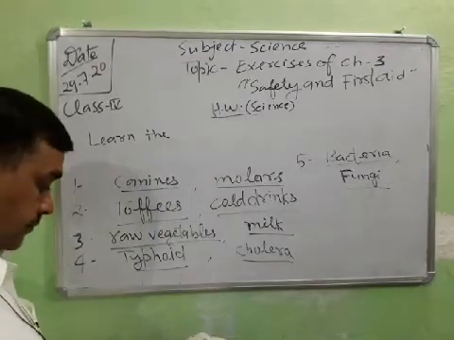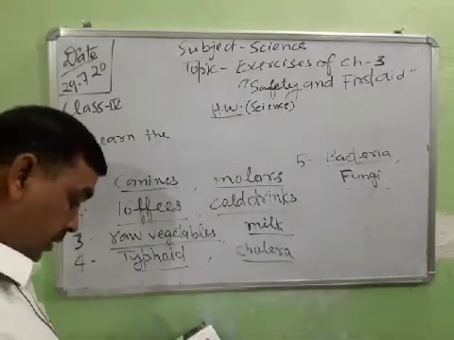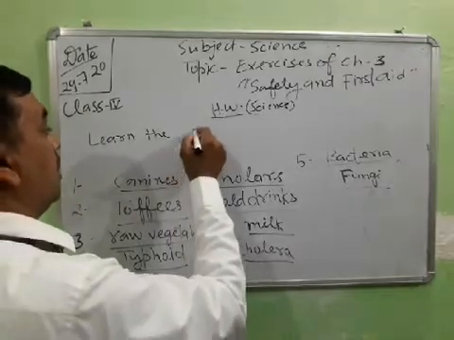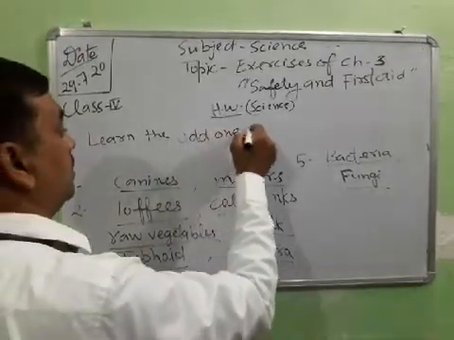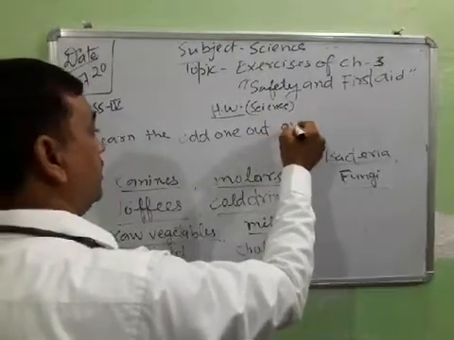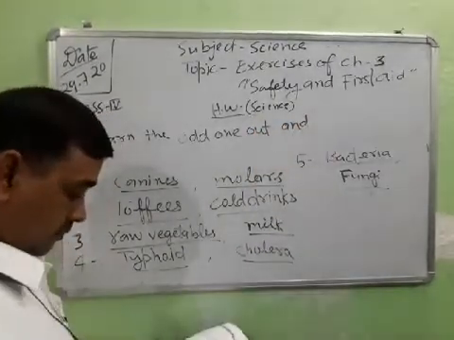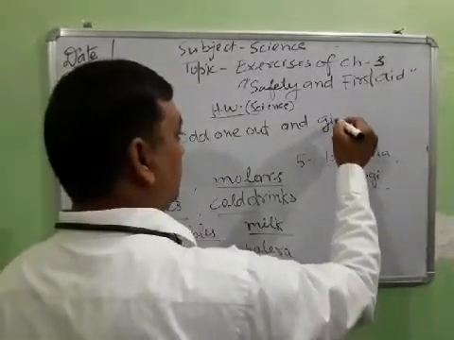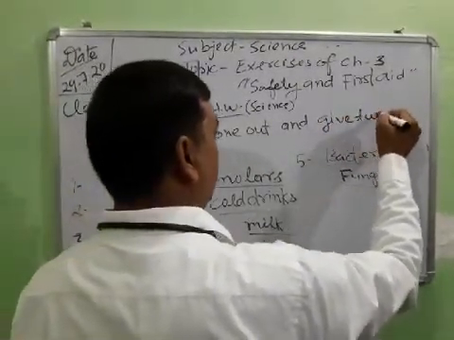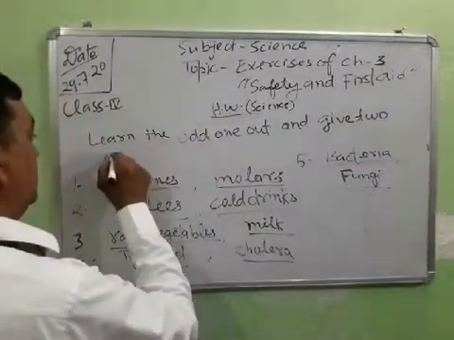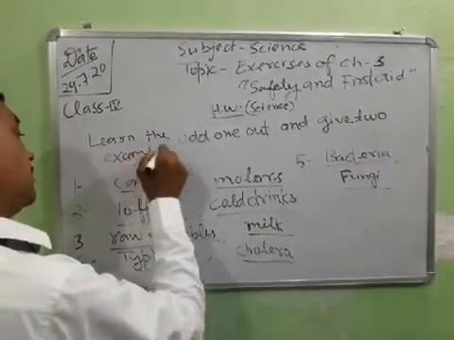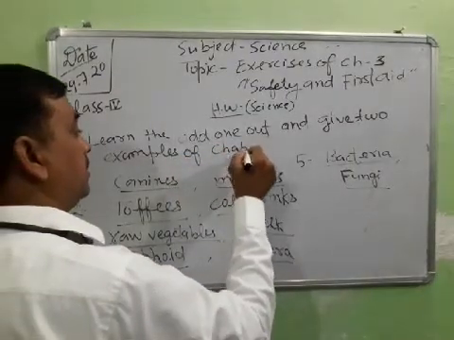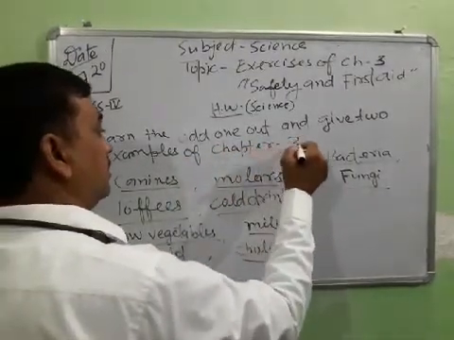Learn the odd one out and give 2 examples of chapter 3.